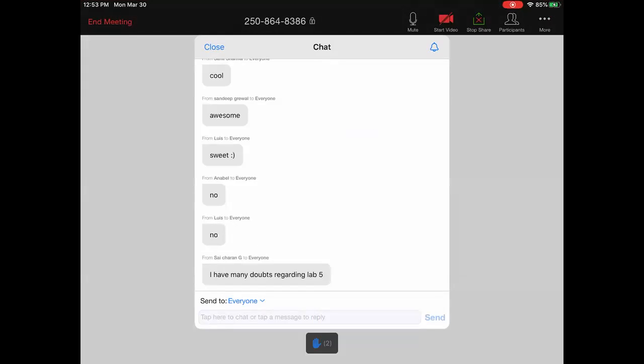Lab 5. Okay, so I know you guys really doubt yourselves. How about this? I'm going to mark lab 5 and then I'll post solutions to lab 5 and you can have a look. I can't even remember what I made you analyze for lab 5, but I'll see when I've marked it.